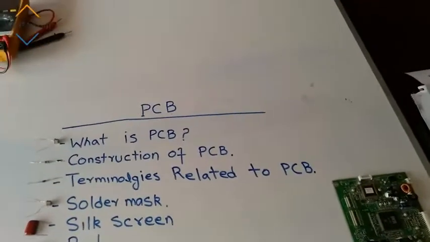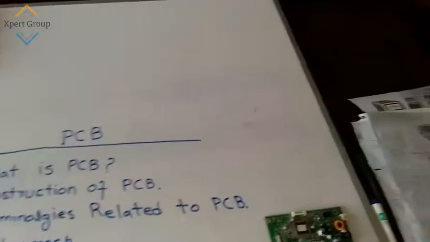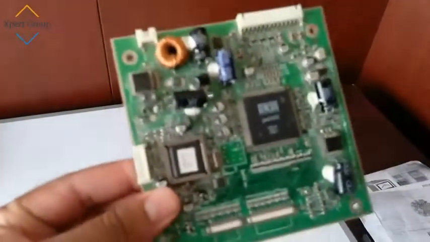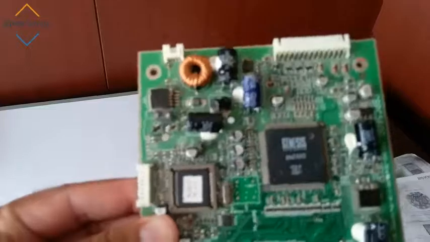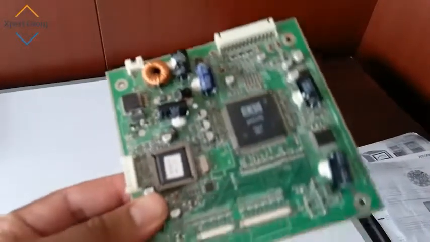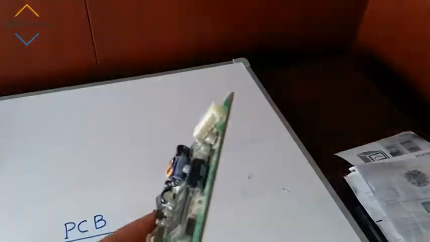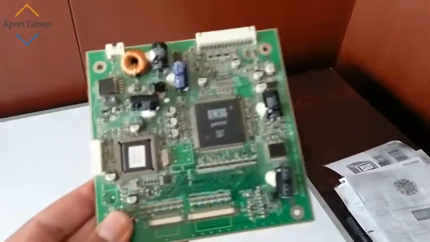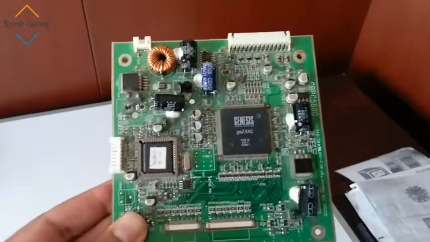I want to show some practical examples of the PCB. Here we have a printed circuit board. You can see that many components are mounted on it. The color of this printed circuit board is green, and there are two parts: one is the front end and the other is the back end.